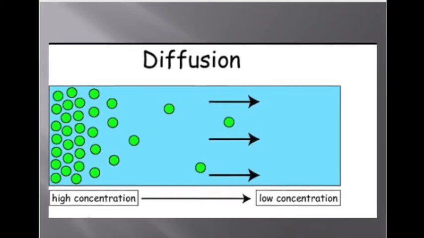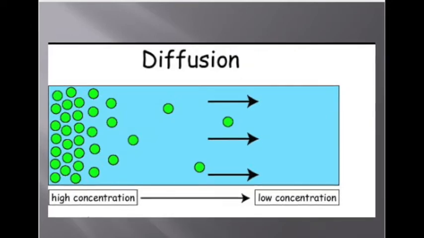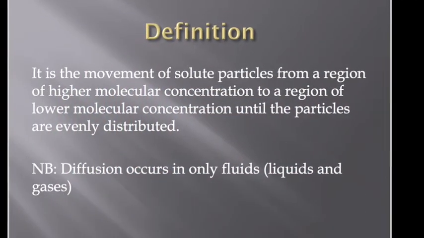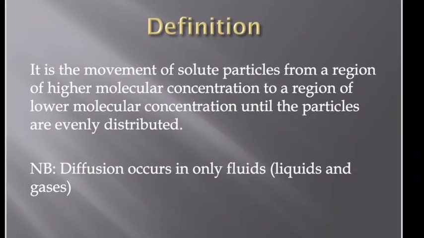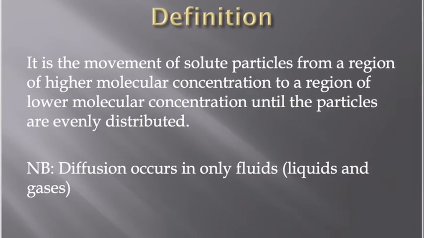You could see that the particles there are more, and where it is typed as a lower concentration, eventually, we will see these particles if diffusion has taken place. And let us note once again, diffusion occurs in fluids, that is, liquids and gases.